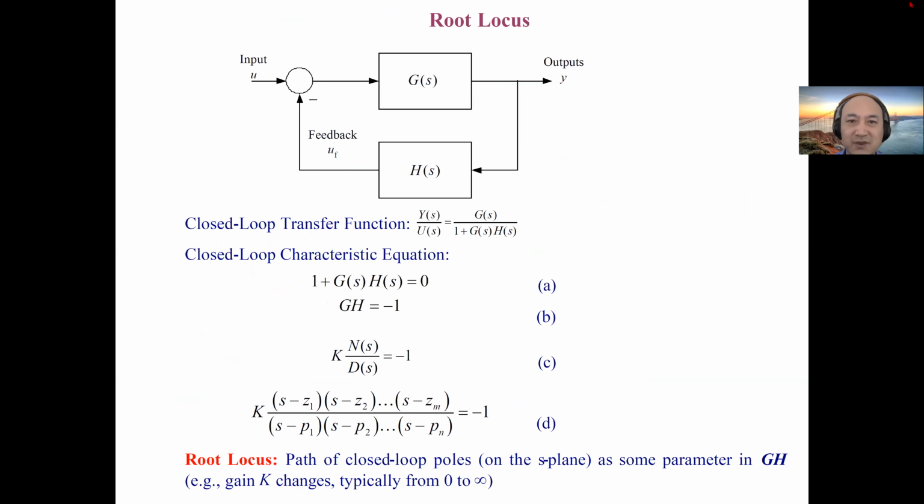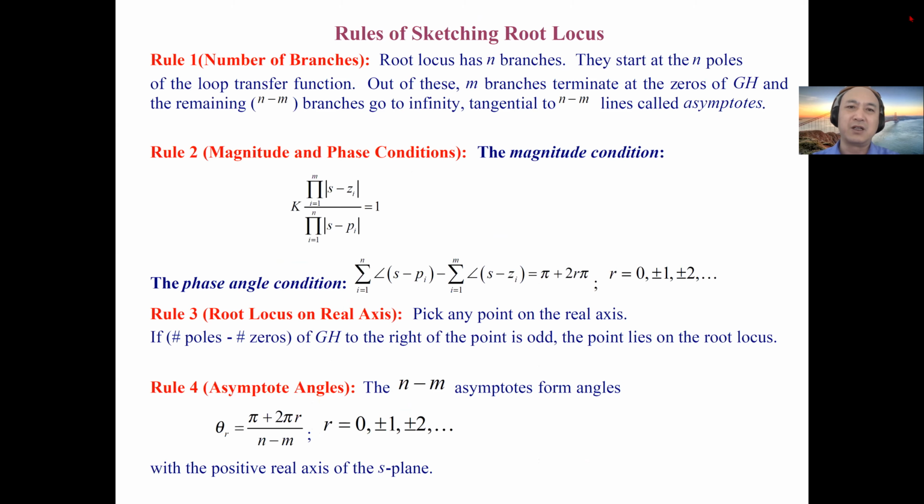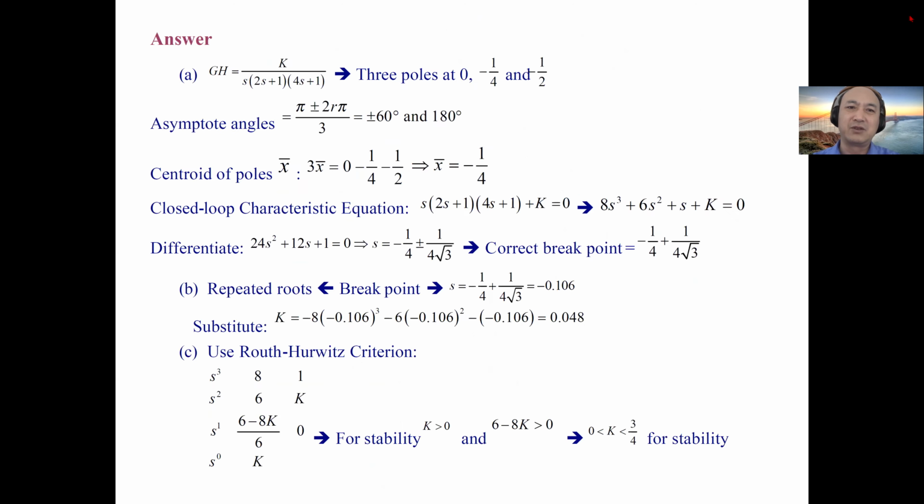So we're not going to do root locus in this class because, from my engineering practice in the past maybe 30-some years, I never really used the root locus to do my design, although it could be used. So I'm going to skip all this root locus design.